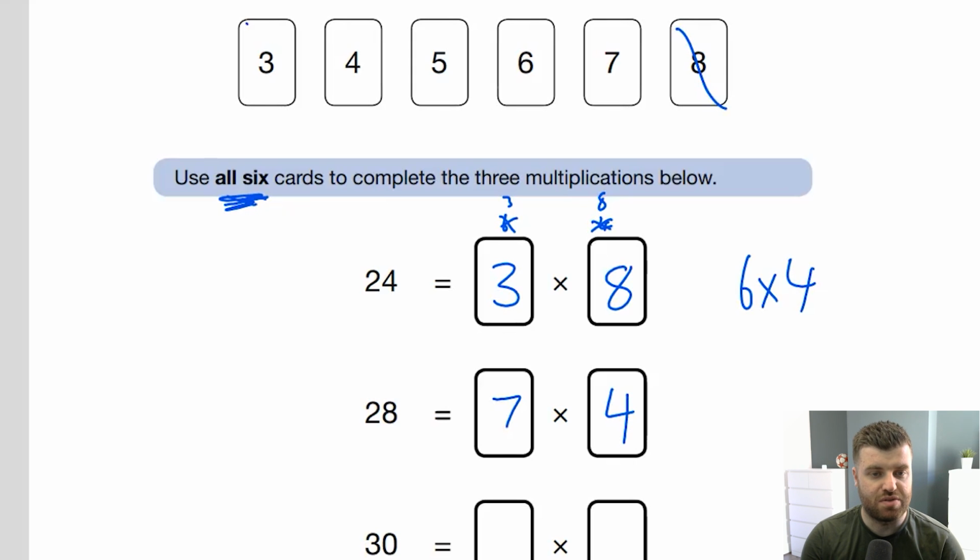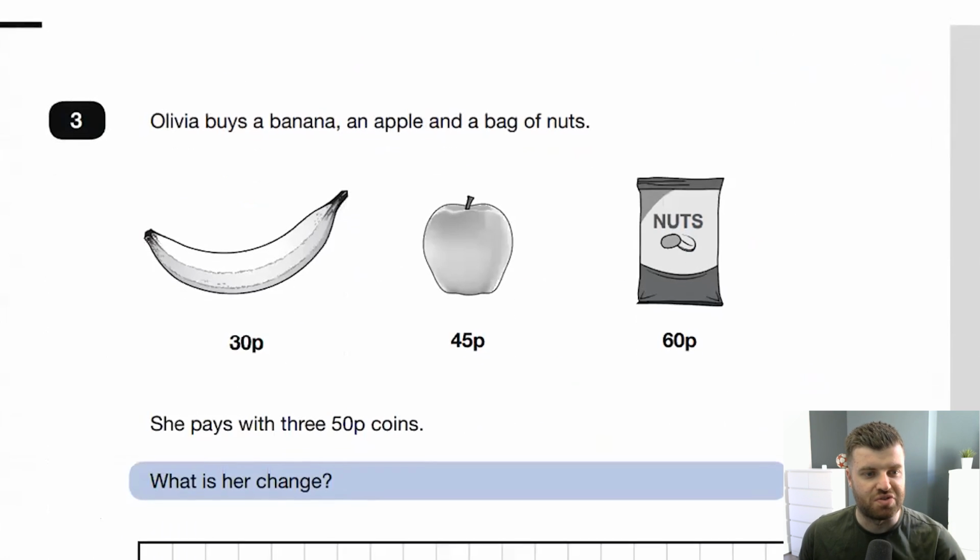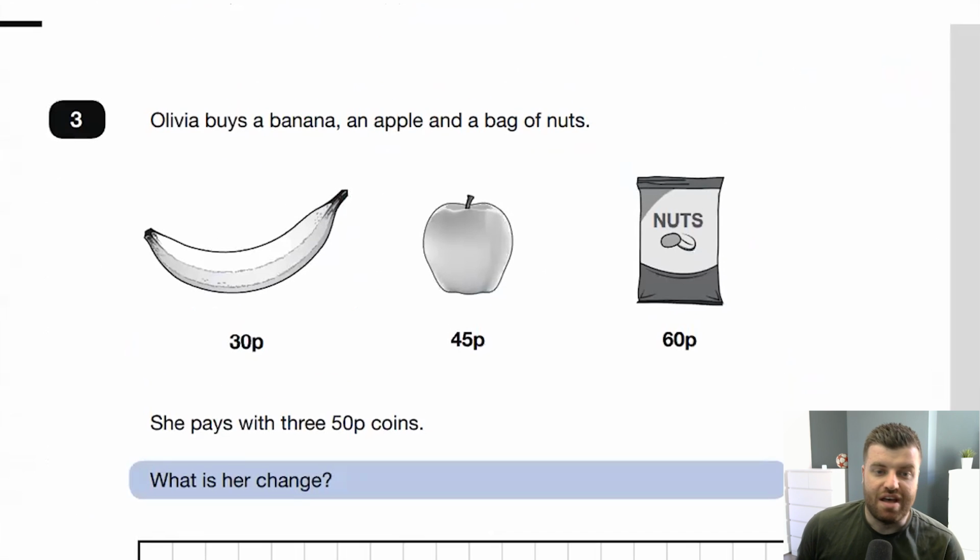We've used the 8, we've used the 3, we've used the 4, we've used the 7. Then 30, we're hoping it's the last 2, and it is 5 multiplied by 6. You're going to need all of those for 1 mark, and you have to understand the question says use all 6 cards.